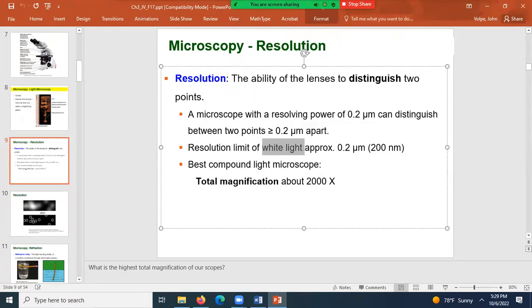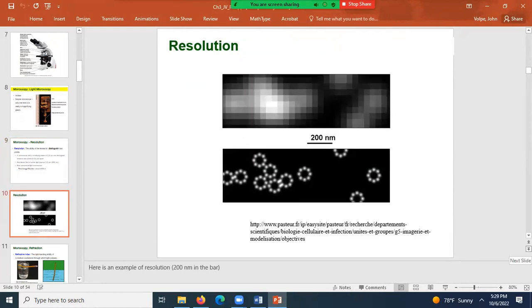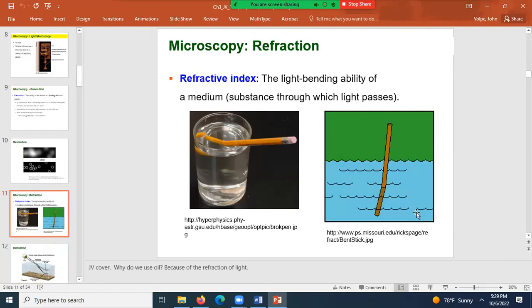All right. So that's resolution. Let's talk about refraction. Refraction is the light bending ability of the medium that light is coming out of.